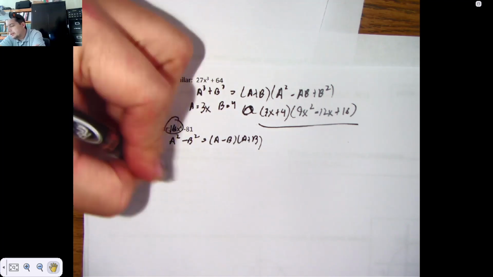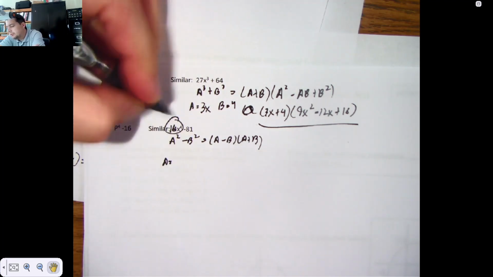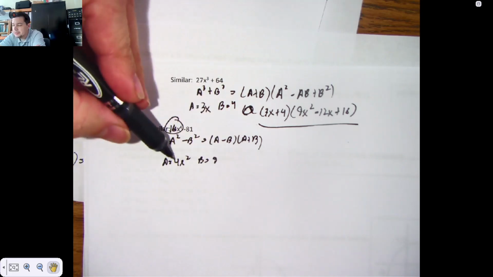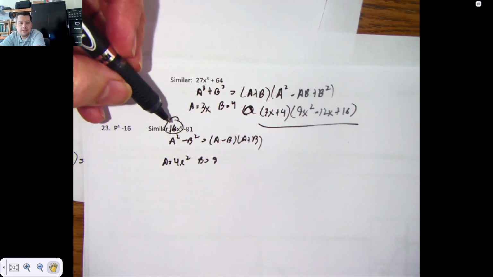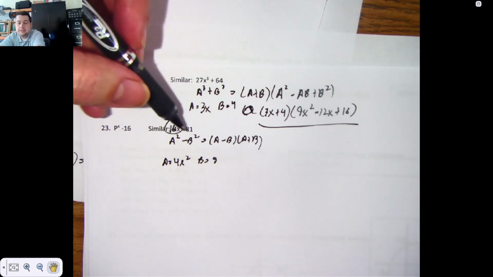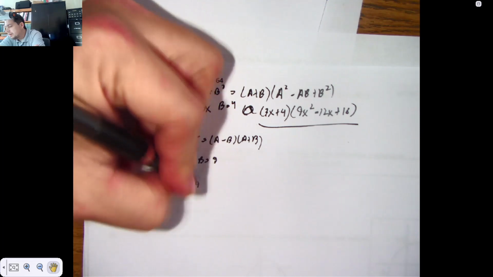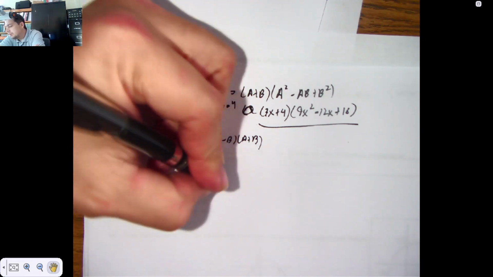So here, a would be 4x to the 2nd, and b would be 9, because 4x to the 2nd times 4x to the 2nd is 16x to the 4th. 9 times 9 is 81. So my initial factoring looks like this. 4x squared minus 9 times 4x squared plus 9.